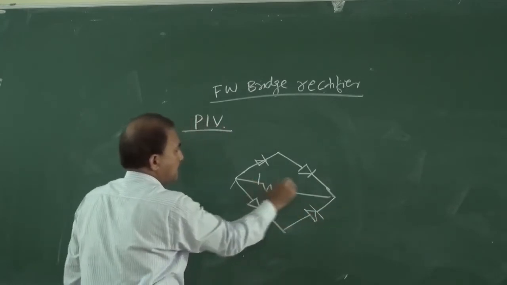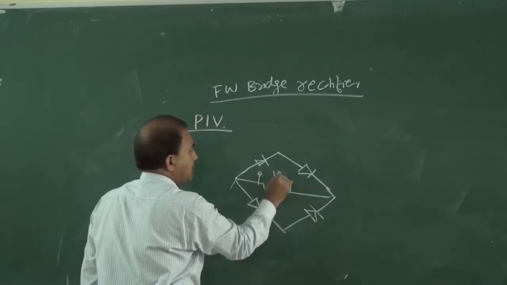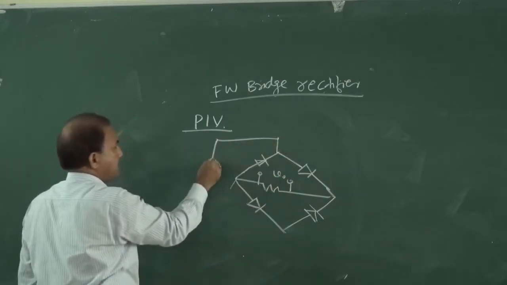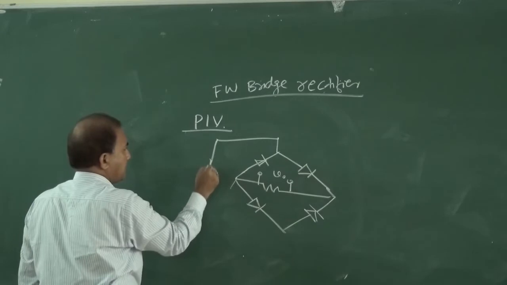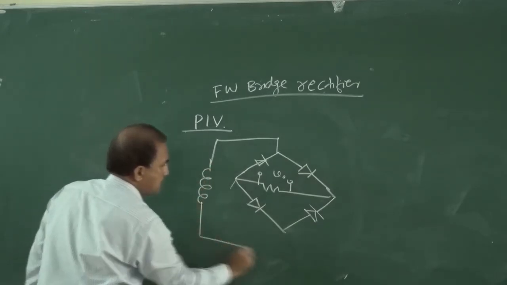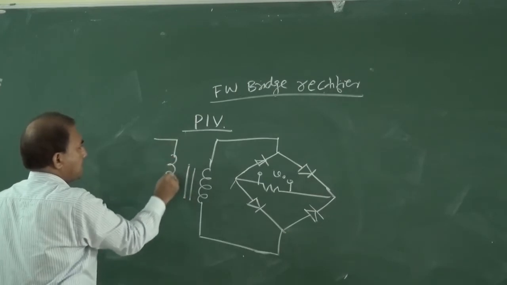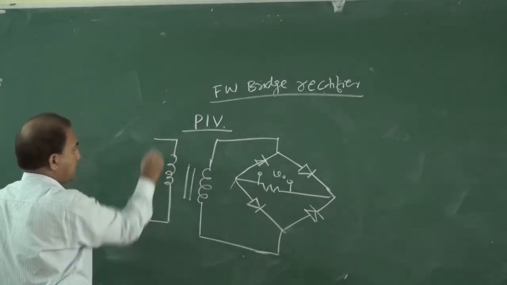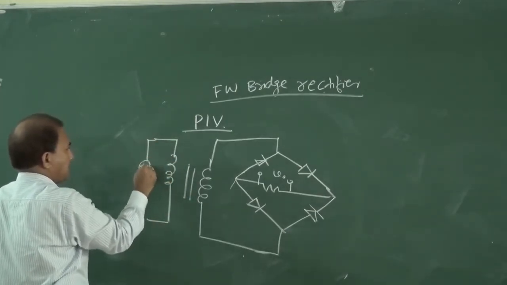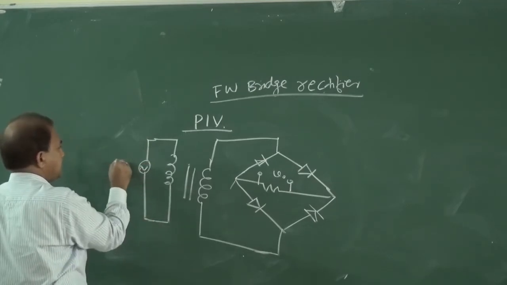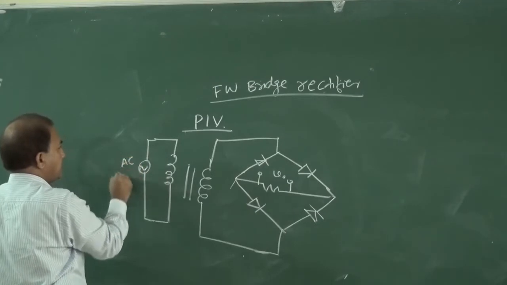Say this is V naught, and this is the AC input.